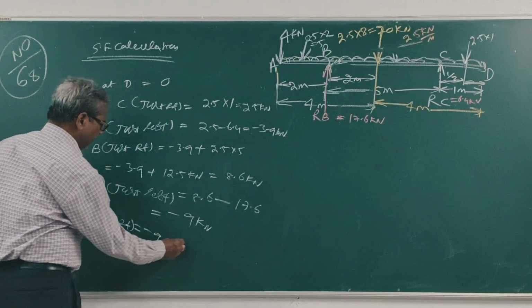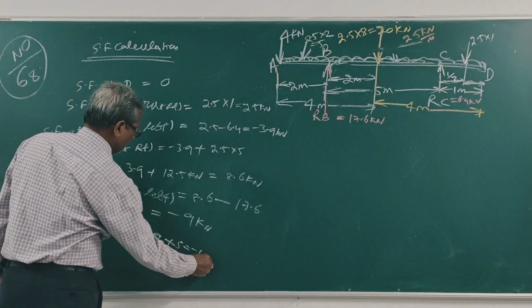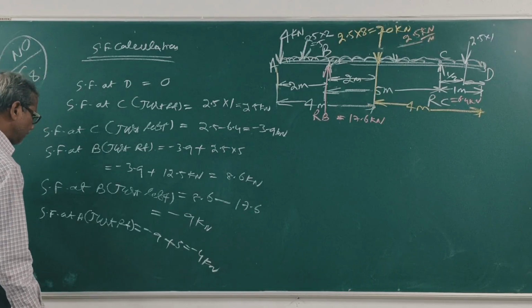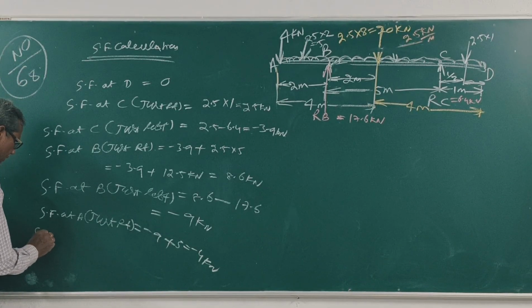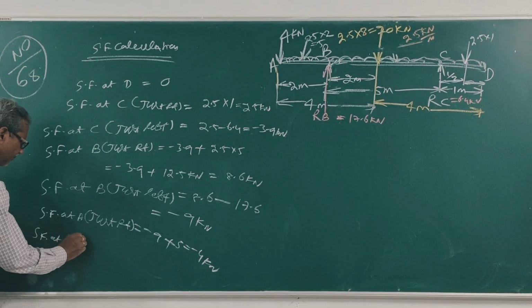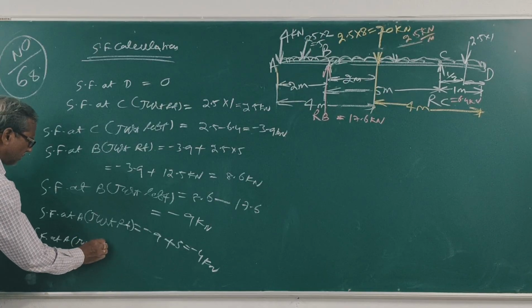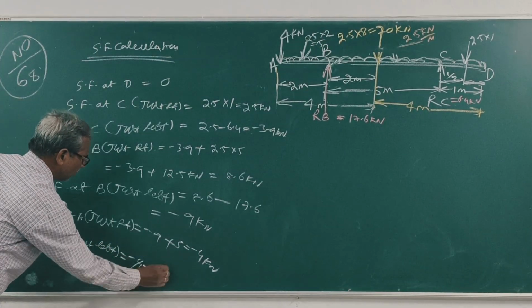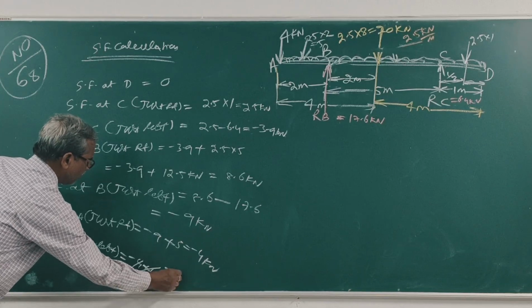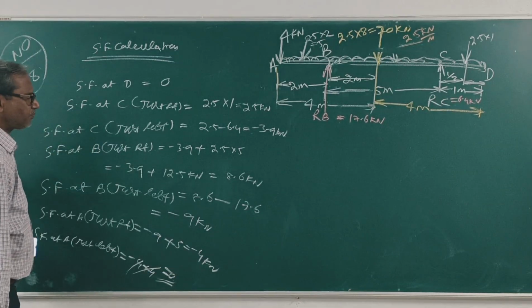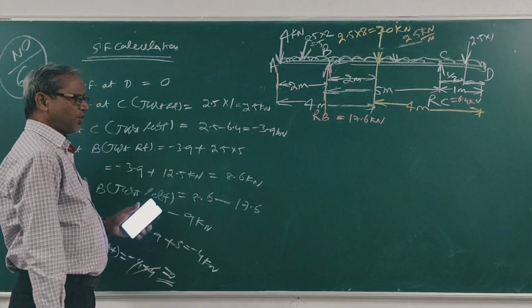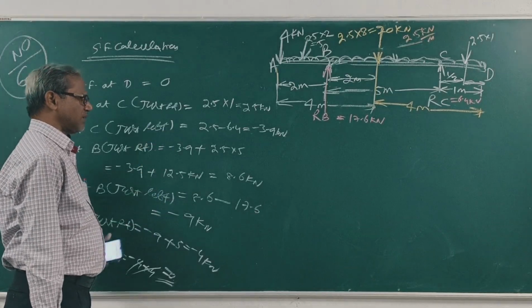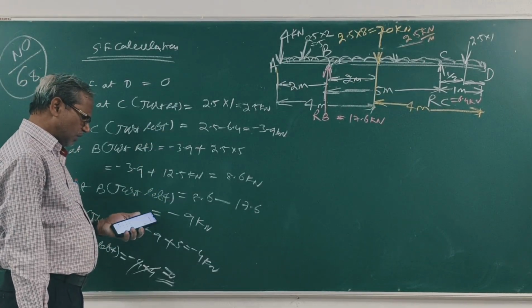So minus 4 kilonewton. At A just left, SF at A just left. Minus 4 plus 4 is 0. Clear? Now, I am not using calculator, so you use calculator to find the correct answer. Now draw the shear force diagram.